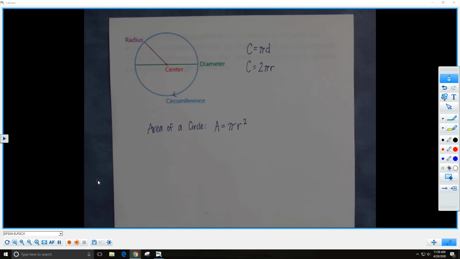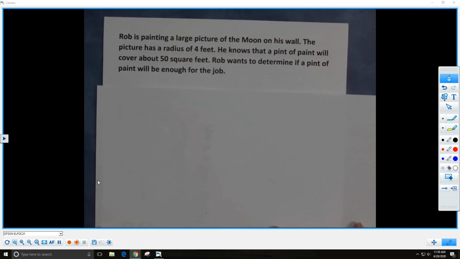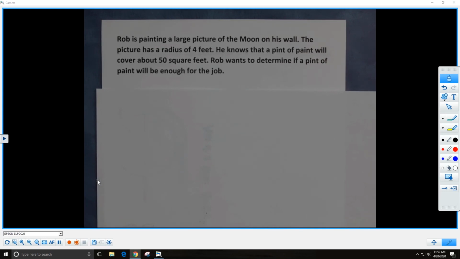Okay, let's look at a problem. Rob is painting a large picture of the moon on his wall. The picture has a radius of 4 feet. He knows that a pint of paint will cover about 50 square feet. Rob wants to determine if a pint of paint will be enough for the job.